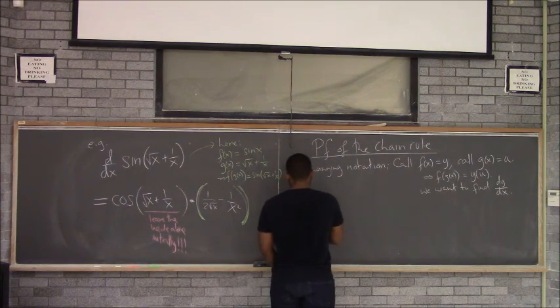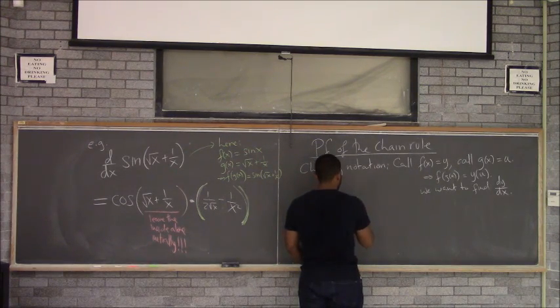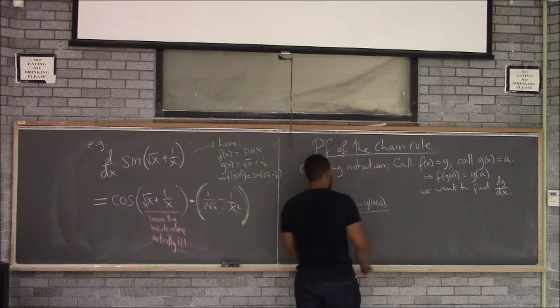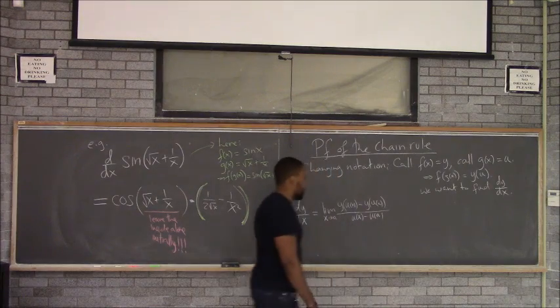Now, dy dx is going to be equal to, and again, I'm going to use some shorthand. Remember, this is the limit as x approaches a of, say, y of u of a minus y of u of a over u of x minus u of a by the definition of the derivative.